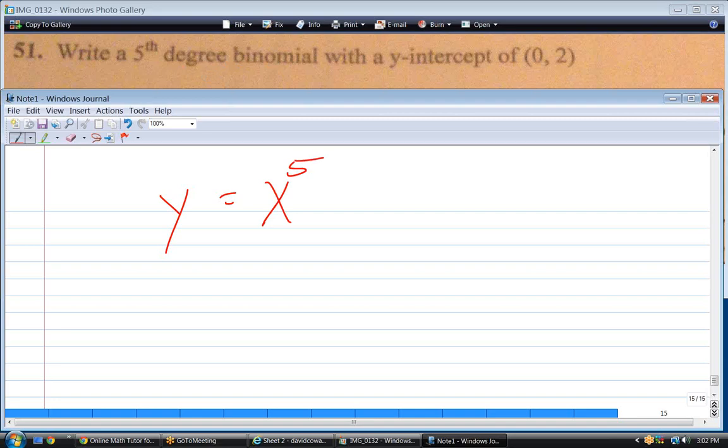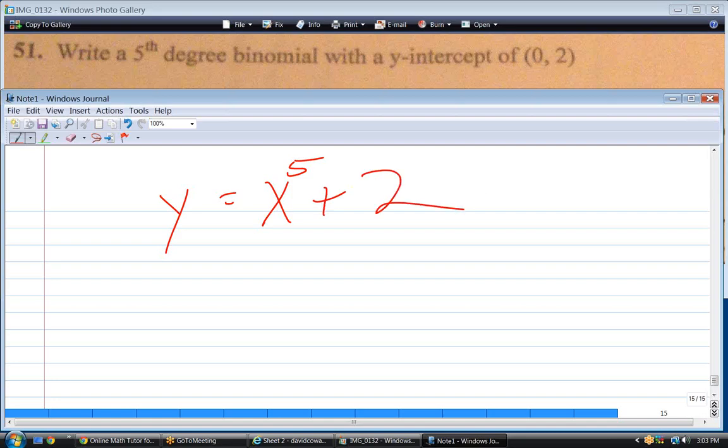Okay? If it's only going to be a two-term expression, in other words, I'm not going to have an x to the 4th, 3rd, 2nd, I'm only going to have a number. What's the number? Two.